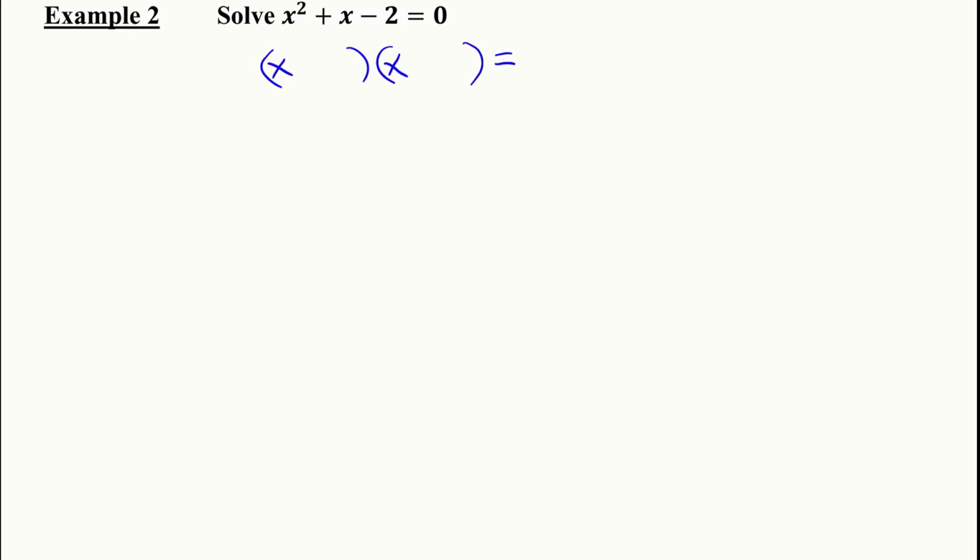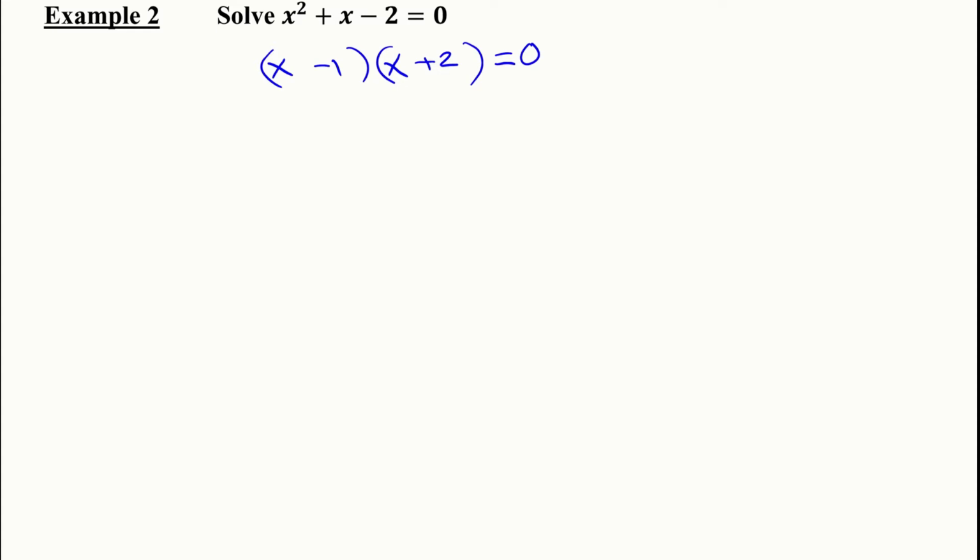We can get x and x here, and then I would think +2 and -1 should take care of business, because we have now x times x is x squared, -1 times 2 is -2, and -x plus 2x gives us +x, which is what we would hope for.